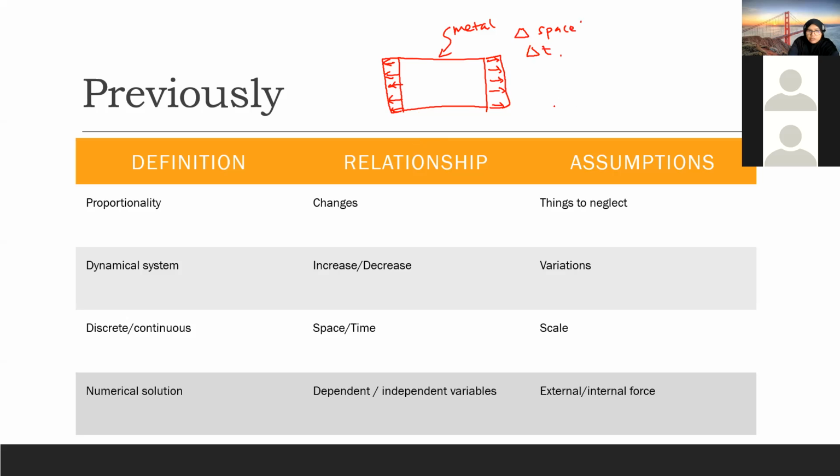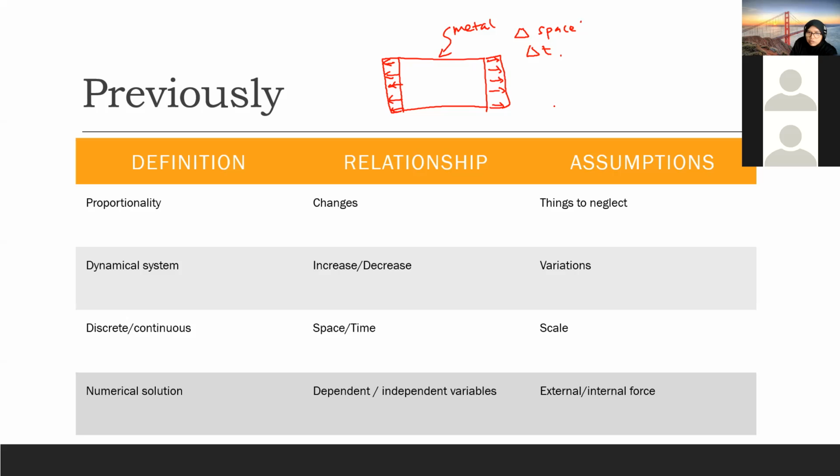And a numerical solution, we have dependent variables that depend on the dependent variables. Just now, what we do is the spring mass system. For the spring, if you put some mass it will elongate. If you remove the mass, it will contract to its original position and so on.